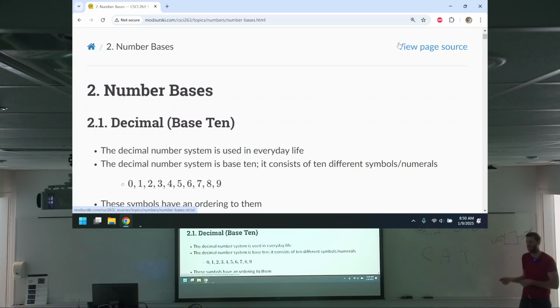0101, yeah. If it's a representation of a number, it's 5. But it might not mean that. So disassociate these patterns from numbers.